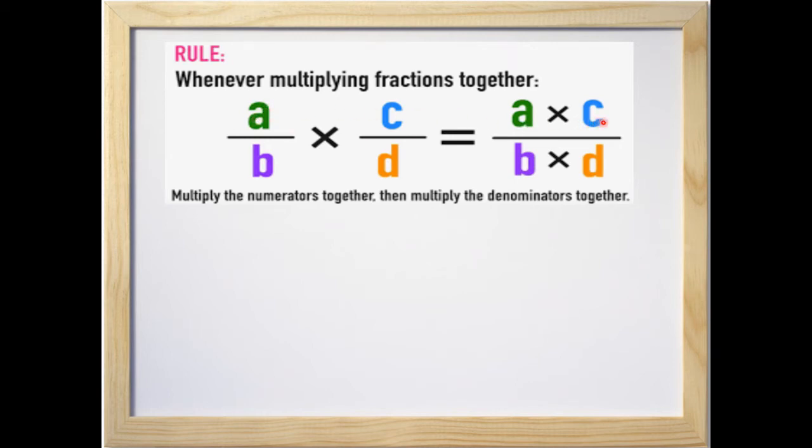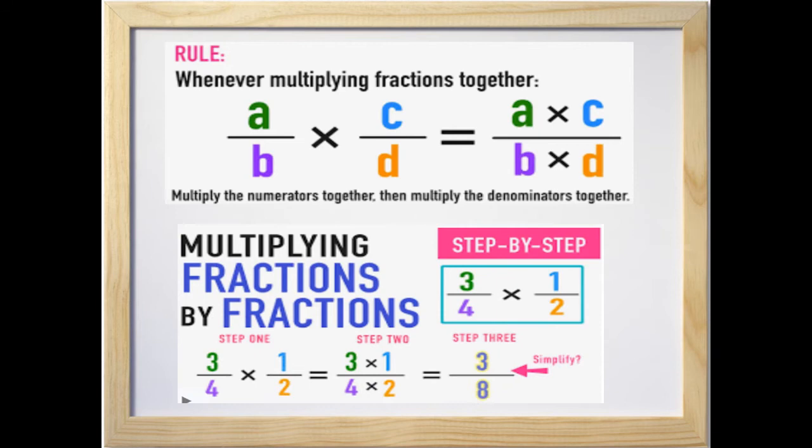It is a into c. And what is the product of the denominators? It is b into d. That means when we multiply a fraction by a fraction, simply have to multiply the numerators and simply multiply the denominators. Understood, children?